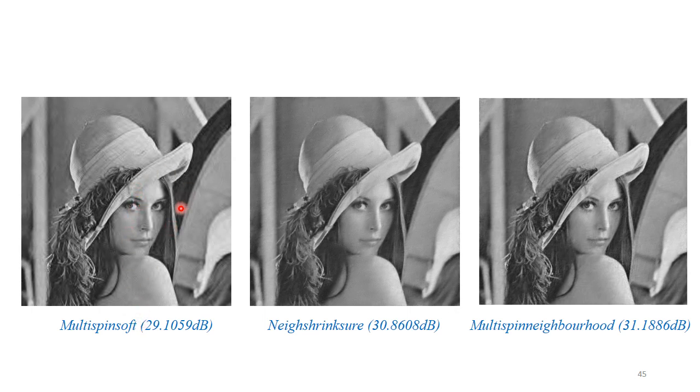When compared to direct soft thresholding, multispin soft is a little bit better. In NeighShrink, noise has been eliminated to a larger extent, whereas some amount of smoothing effect is present. The multispin neighborhood method has a higher PSNR, 31 point something, noise is eliminated to a better extent, and the edges are preserved to a larger extent when compared to NeighShrink.